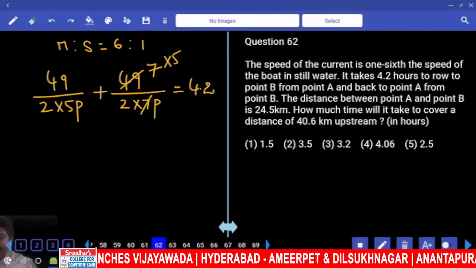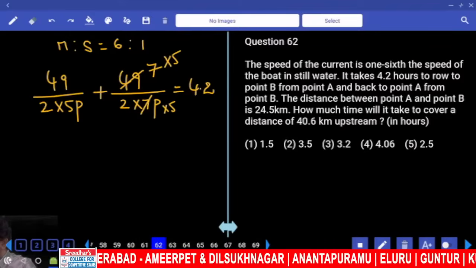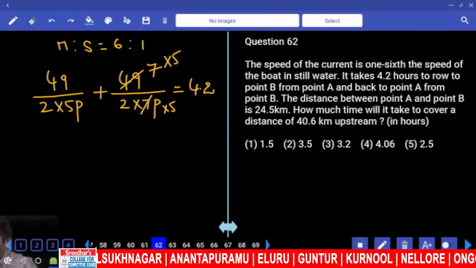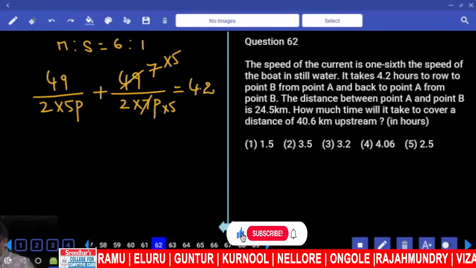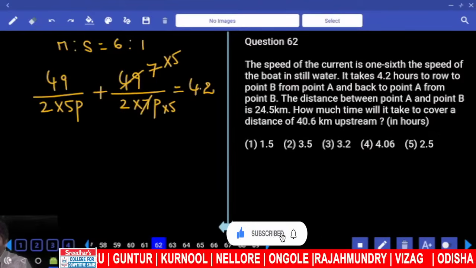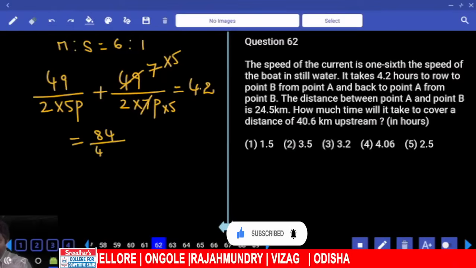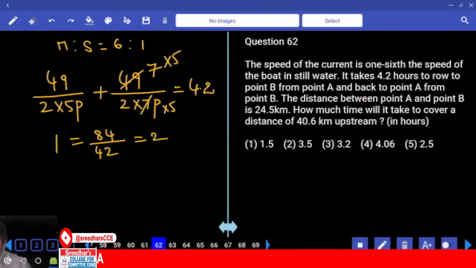Let's multiply both numerator and denominator with 5. 49, 7 into 5, 35, 84 by 10 parts is equal to 4.2. Then 10 parts is equal to 84 by 10, which gives 42, which is equal to 2. One part is 2.